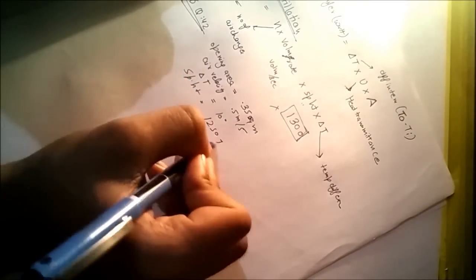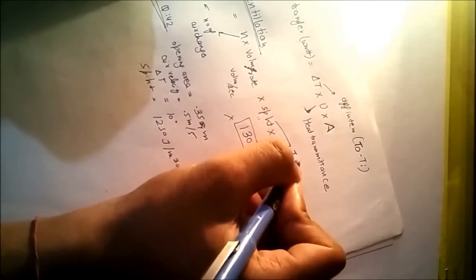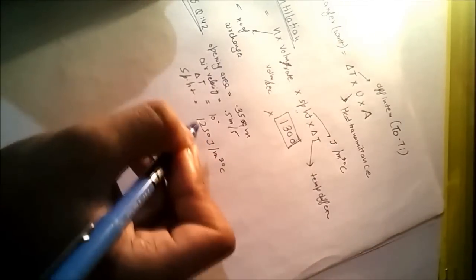Specific heat is equal to 1250 joules per meter cube degree Celsius. We have to find how much heat is exchanged.